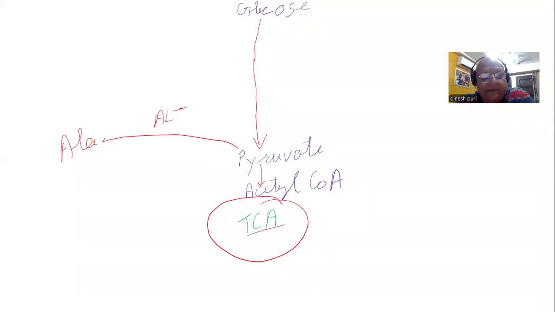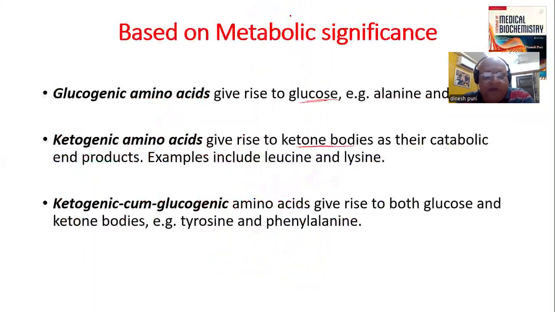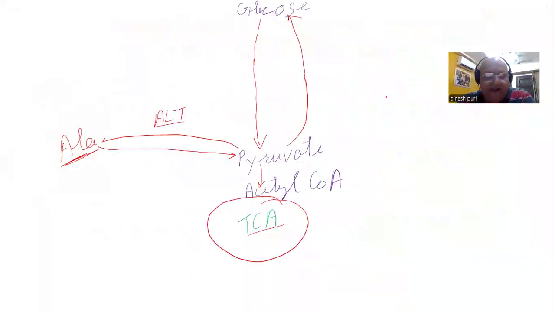ALT was the enzyme. It is a reversible reaction. Reversible means alanine can also form pyruvate. Then you know that pyruvate is a substrate for glucose via gluconeogenesis. So alanine can generate glucose. Therefore it can be called a glucogenic amino acid. Likewise, aspartate. We had seen aspartate can be formed from a TCA intermediate.